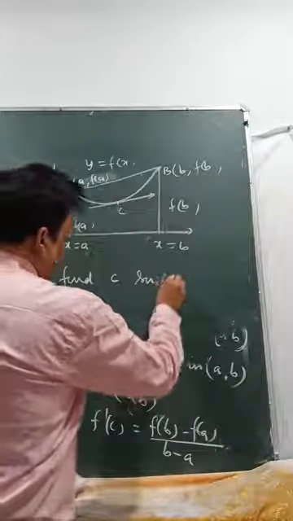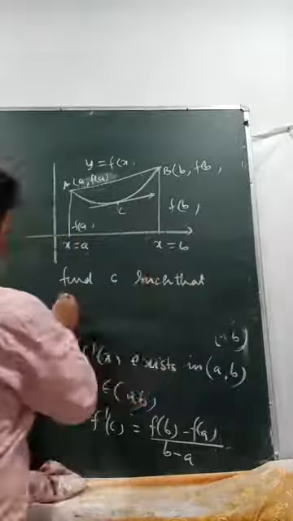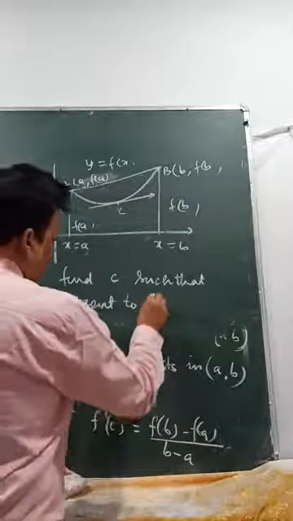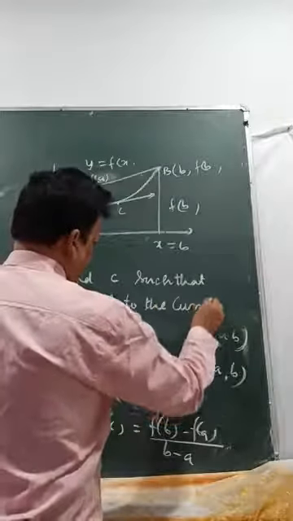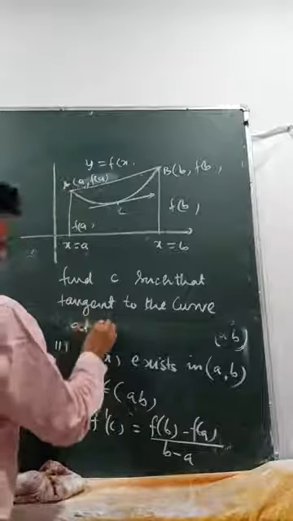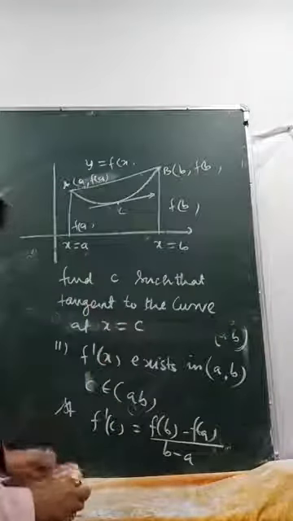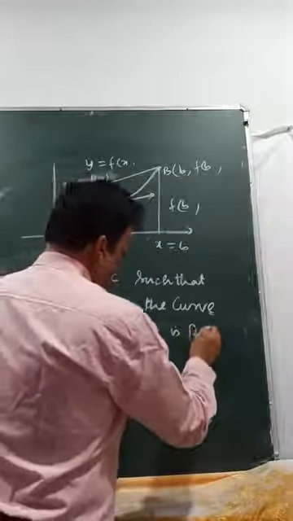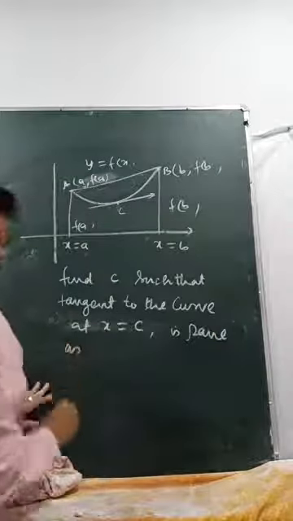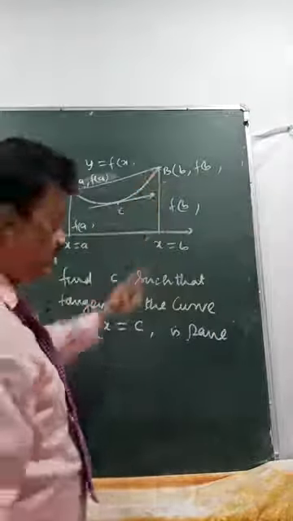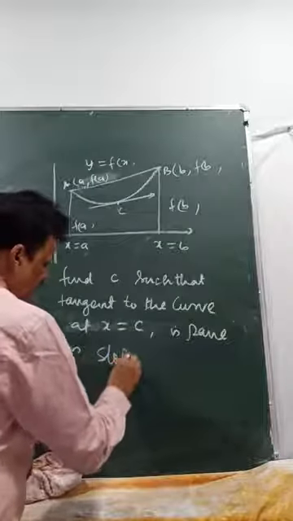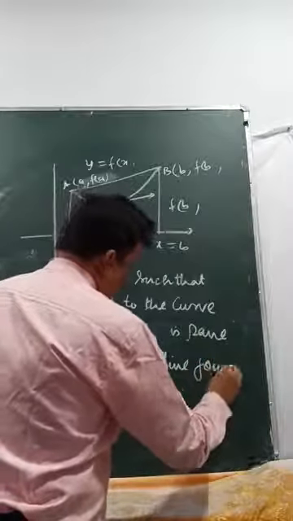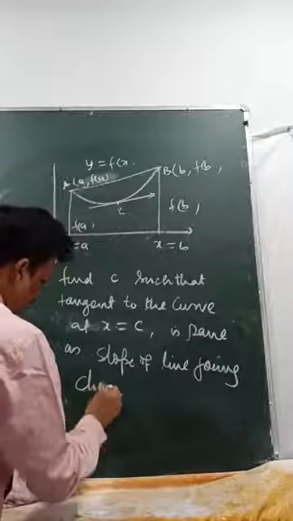such that the tangent to the curve at x equals c is the same as the slope of the line joining the chord.